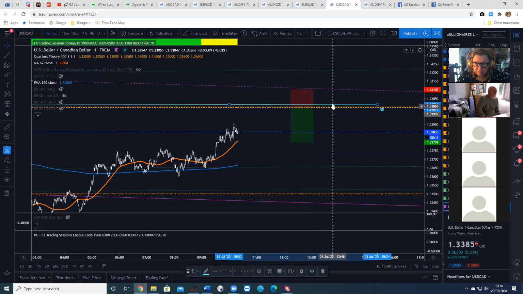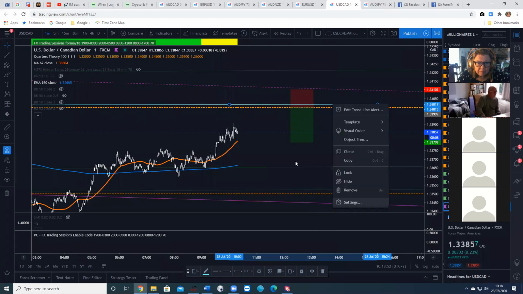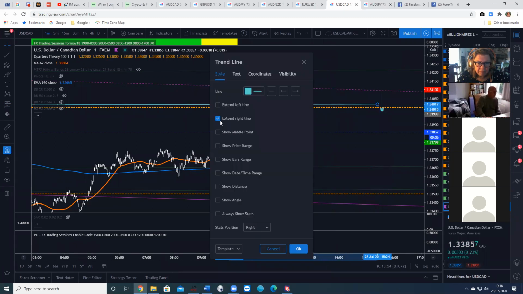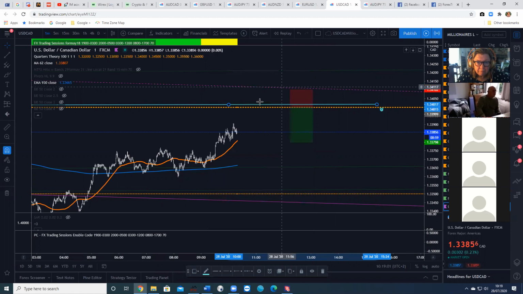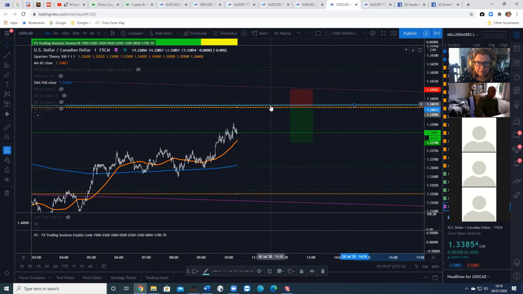Oh, pressed the wrong one. Oh, because I must have drawn it the wrong way. That's interesting. I've never done it like that before. It's extended it left. That should do.